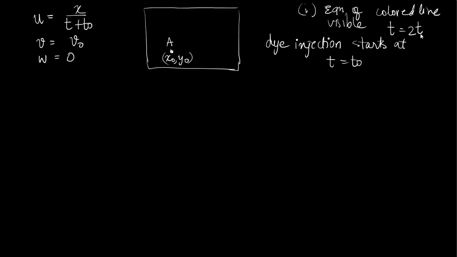The dye injection starts at t equal to t naught, and goes all the way to t equal to 2 t naught. So we must find out the equation of the colored line visible.